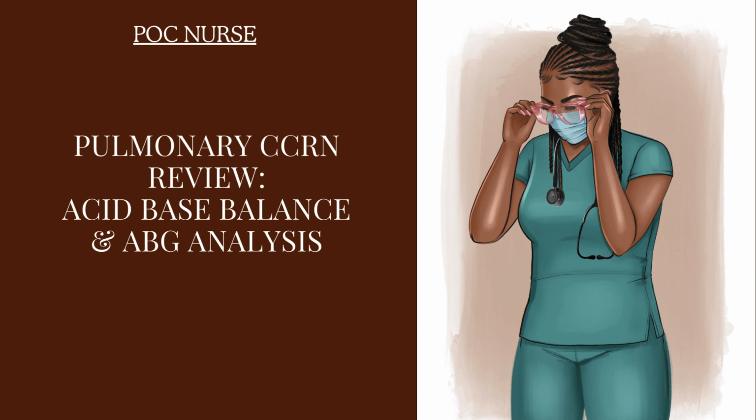Now, we also look at the bicarb level on the ABG. Remember, bicarb is a more alkalotic substance, which is the opposite of carbon dioxide. Carbon dioxide is more acidic and bicarb is more alkalotic.